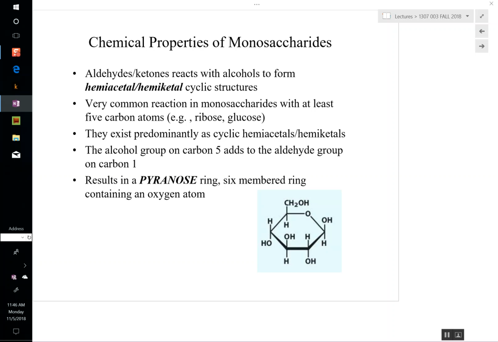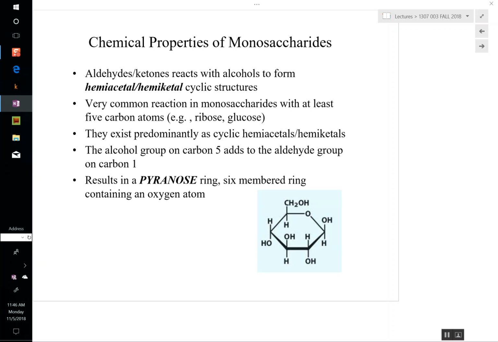Any questions about that? Let's review. It's a fairly complicated reaction, and if you're reminding yourself what that's all about, I understand. So that's not like an ester? No, that's not an ester.